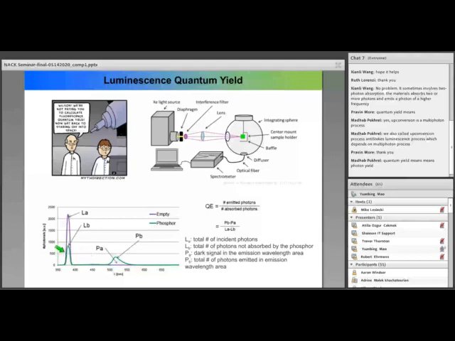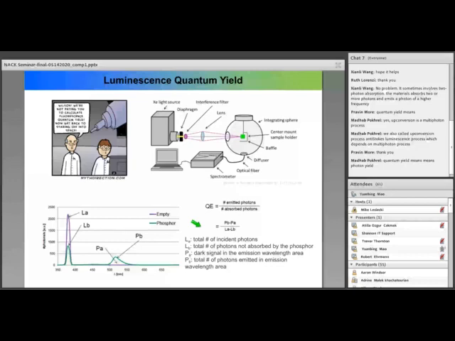Then we put the sample in, and of course the sample will absorb some of the excitation light, so there's a difference between without the sample and with the sample. With the sample, we will also see the emission peak here. Then we have this formula, PB minus PA over LA minus LB, and that's how we get the quantum yield. So in that way, quantum yield is not that complicated.